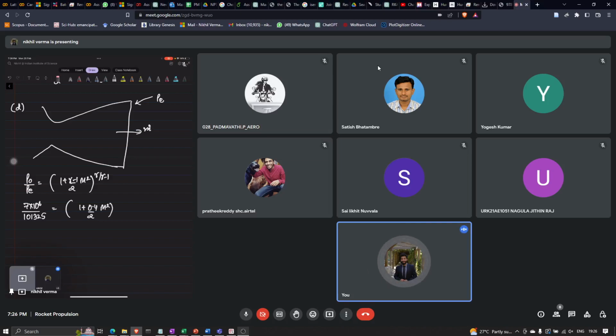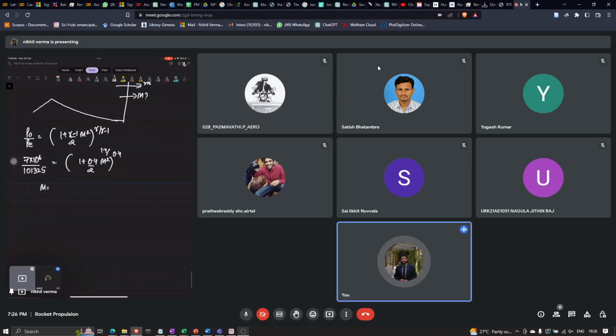We do not know what is the Mach number at the exit, right? 0.4, 1.4. So with this, you can calculate what is Mach number exit, which once you calculate, you will get as 3.43059. Okay, you can calculate what is Mach number at the exit.